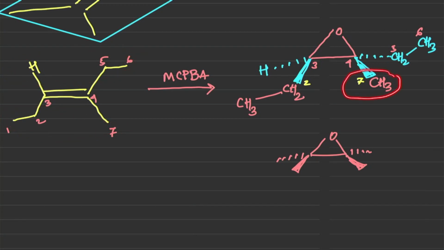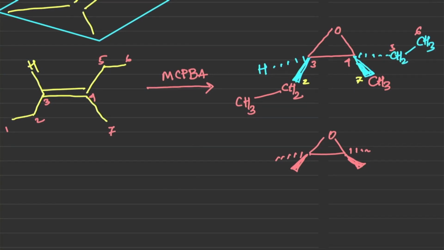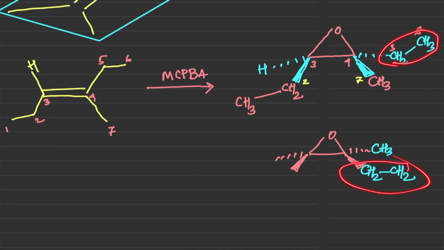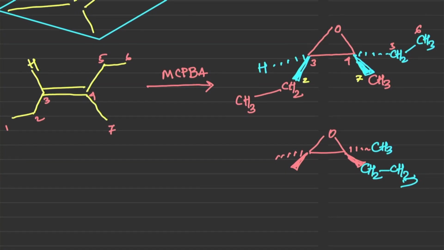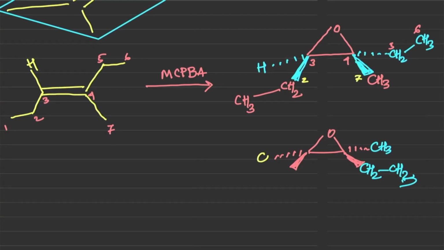So if you notice, CH3 was to the top, on the wedge. So I'm going to put the CH3 on the dash this time, and then CH2, CH3, this one on the top, on the wedge, sorry, on the wedge, yeah. And on this side, I will do the same. I will put the CH2, CH3 on the dash, and I will put the hydrogen on the wedge.